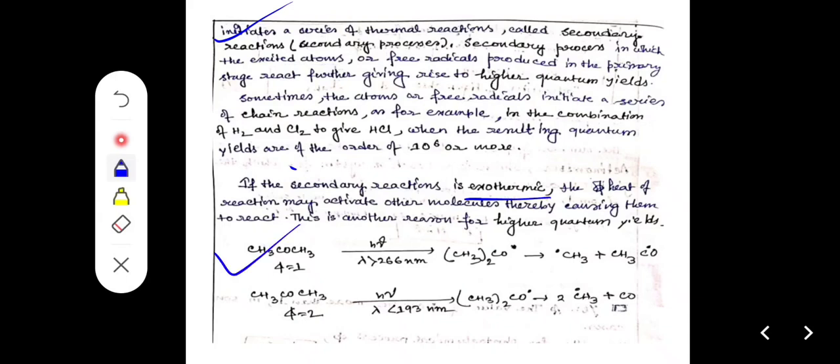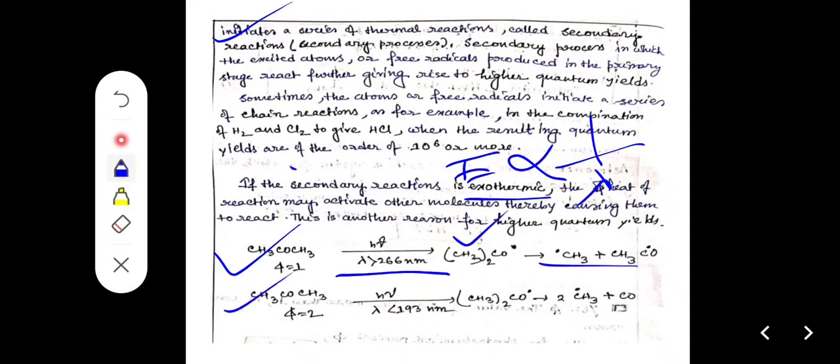As an example, acetone: phi equal to 1 when h nu has lambda greater than 266 nanometer. As we know, energy is inversely proportional to wavelength lambda. So this produces activated species: a CH3 radical plus a CH3CO radical.